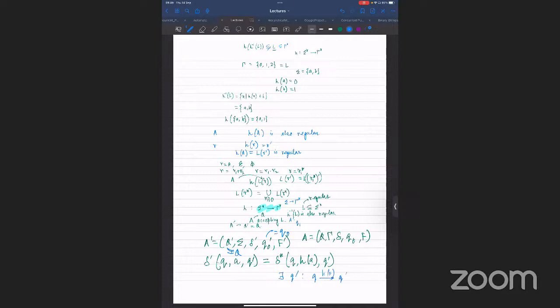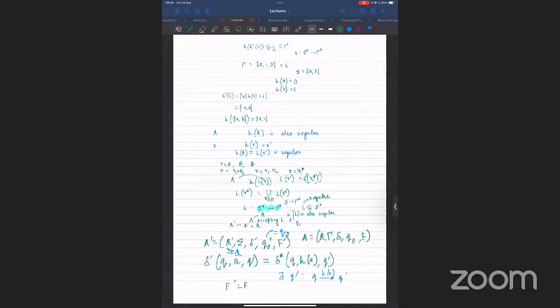If this is the case, then you have delta prime of Q, a, Q prime. Next, what is the F prime? F prime equals F. Good. This is just the construction.